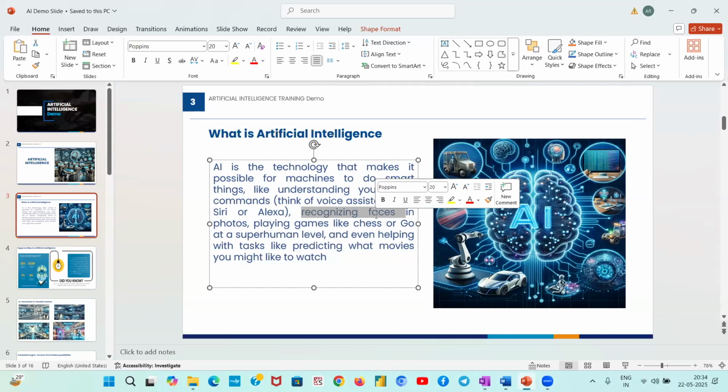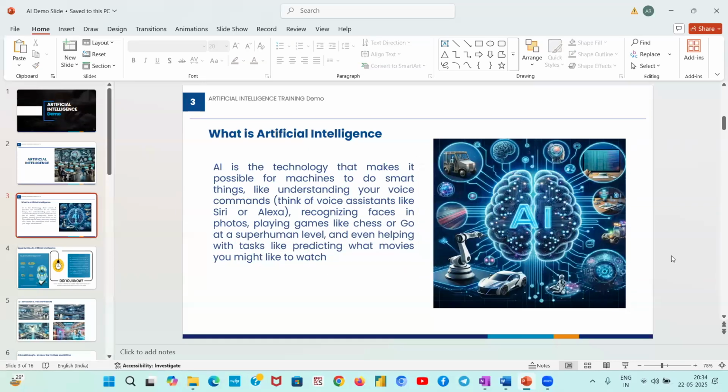Playing games like chess is mentioned, but a lot of other video games exist, and all come from AI only. It is even helping with tasks like predicting what movies you are going to watch, either on an OTT platform, YouTube, or Instagram. Whichever social network you take, you could see recommendations exist. How is this possible?